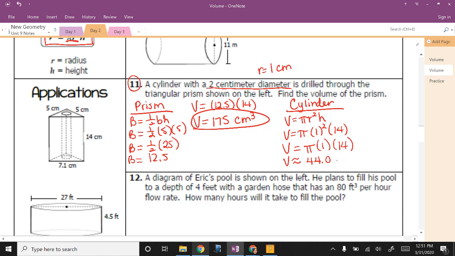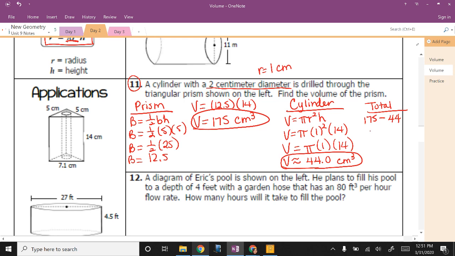So if I'm rounding to one place, that'll go to 0 and the whole number bumps up. So that's approximately 44 cubic centimeters for the cylinder. Well, I want to know what the volume of the prism is now after I take out that cylinder. So my total volume is going to be 175 minus 44.